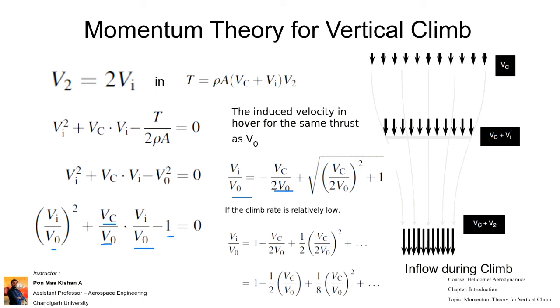If we take common 4, then it will be given as Vc by 2 V naught, the whole square. So I request all of you to solve that once so that you can easily understand. The simple quadratic formula, minus b plus or minus square root of b square minus 4ac divided by 2a, will be applicable in this also for solving.